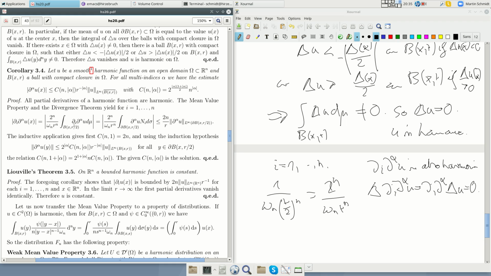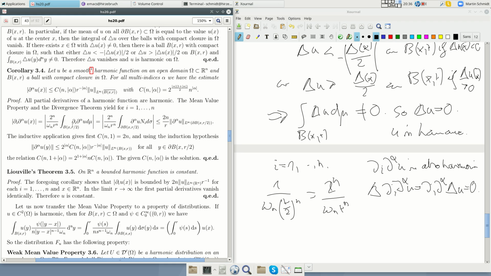Since here we have a derivative, by the divergence theorem, if we use the vector field which only has in the ith component this expression here, then the scalar product with the normal gives this here, and this is the divergence of this vector field, which has these components.